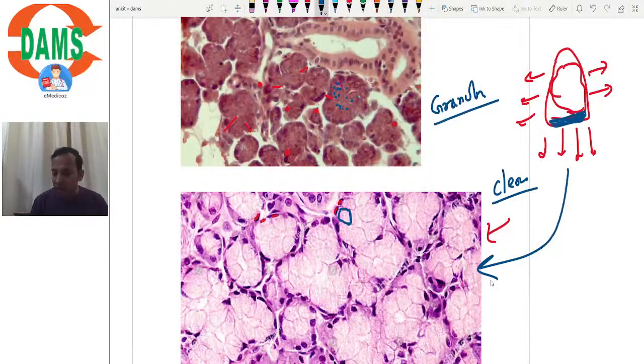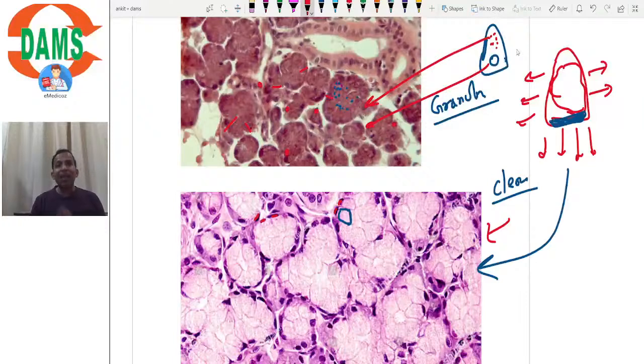Whereas what happens with the serous gland? In the serous gland, we have a round nucleus and we have zymogen granules in it, isn't it? Close to the apex. These zymogen granules are nothing but the transport vesicles which are packed with proteins, isn't it? So these granules can be seen here. Round nucleus can be seen here, and since the cell does not have any internal pressure, intercellular space can be seen.